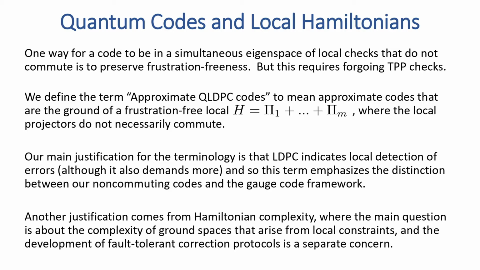Our main justification for this terminology of LDPC is, besides the fact that these terms are local, we're going to show that frustration freeness implies local detection of errors, both in general, and then we get very explicit about it with our particular class of code checks. So the term emphasizes a distinction between our non-commuting codes and the gauge code framework. That was our goal with that.